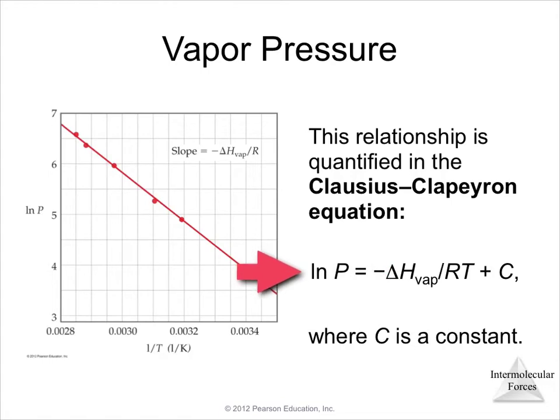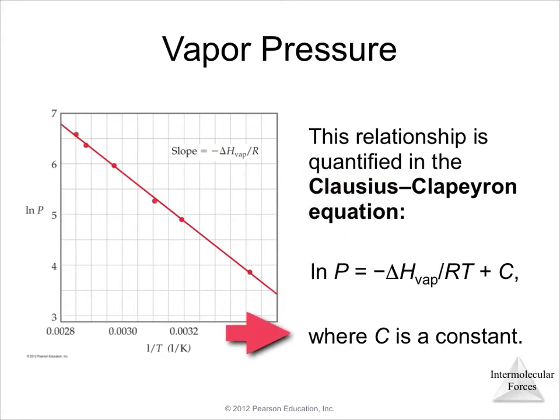So let's go back. My natural log of vapor pressure is equal to negative that change in enthalpy, specifically the heat of vaporization, divided by R, which we know is the ideal gas constant, times temperature, plus C. Well, what is C? C is a constant value, and specifically that C was found by two guys, Clausius and Clapeyron.